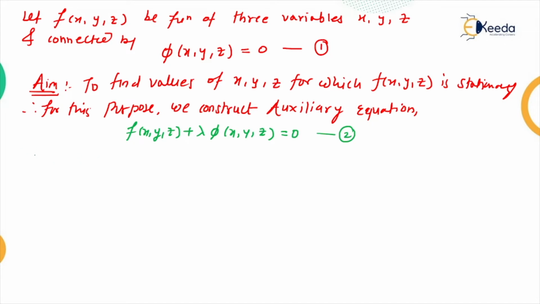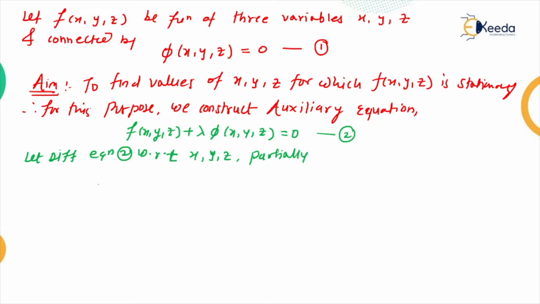So simply, we differentiate equation 2 partially with respect to x, y, and z. If we differentiate partially, we get three equations.